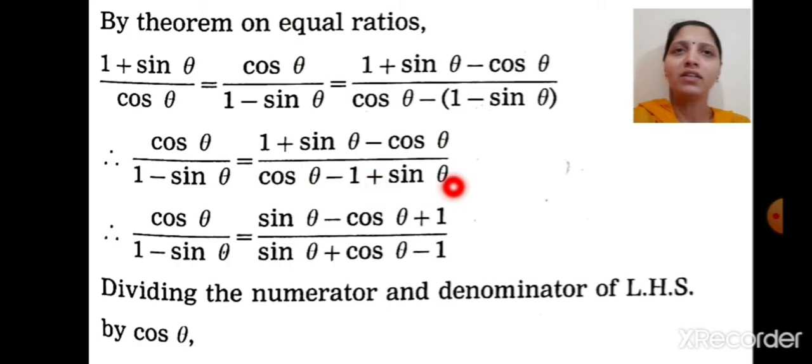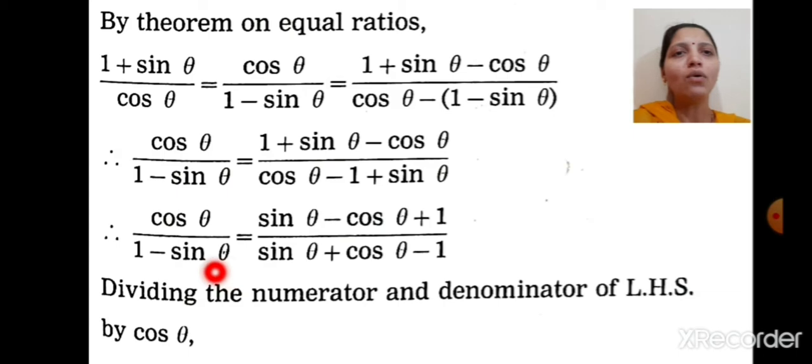Okay, therefore cos theta upon 1 minus sin theta is equal to (sin theta minus cos theta plus 1) upon (sin theta plus cos theta minus 1). So here we have just rearranged the terms, sin and cos and 1 terms.